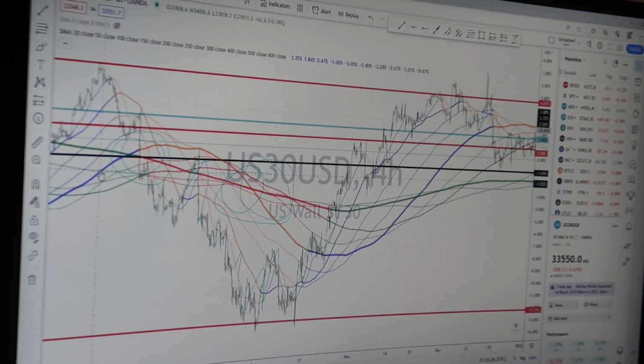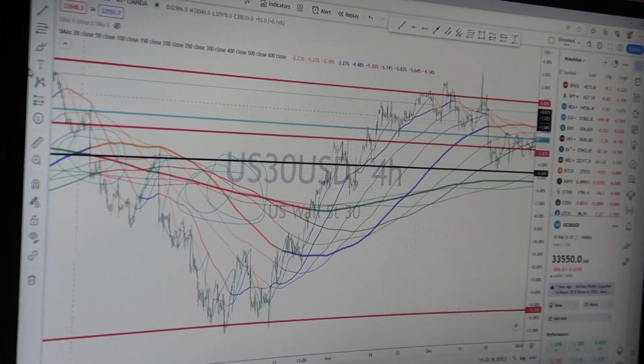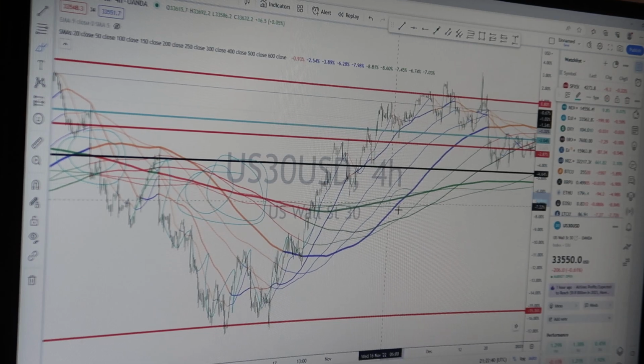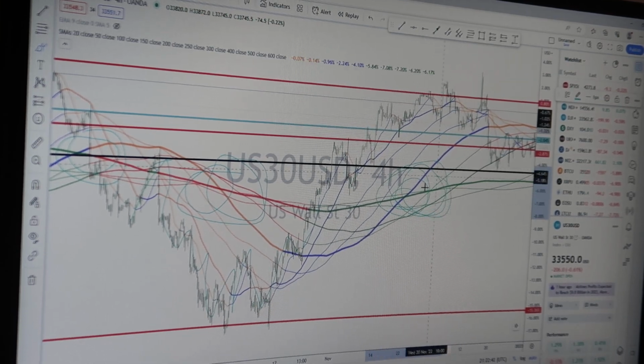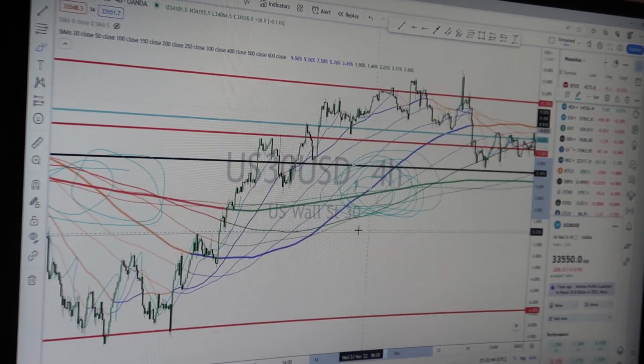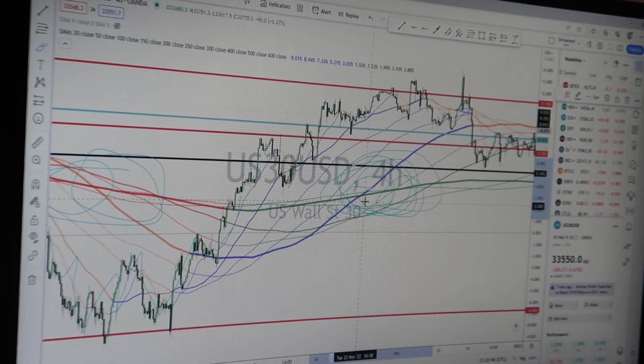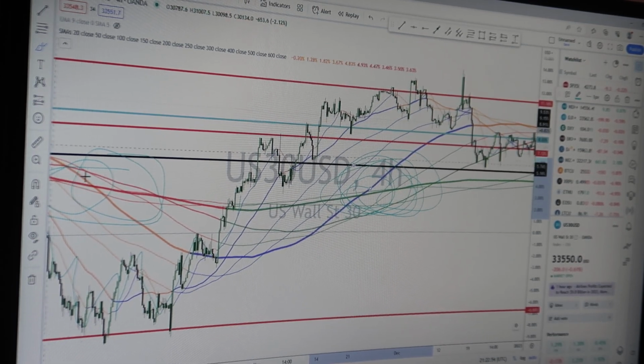When the blue turns to orange and the green turns to red, or when the red turns to green and orange turns to blue, that's a cross on the higher time frame. You can see another cross here. So that's our first cross of these two thick lines, and that's our second cross. It acts similar to the exponential moving average.